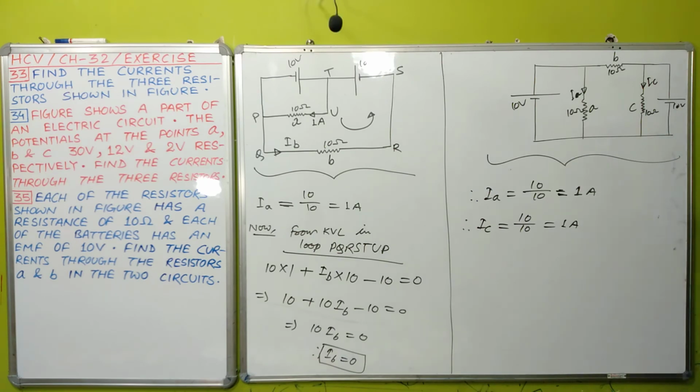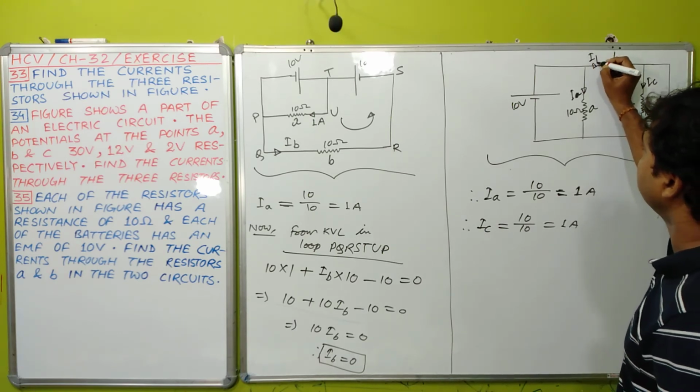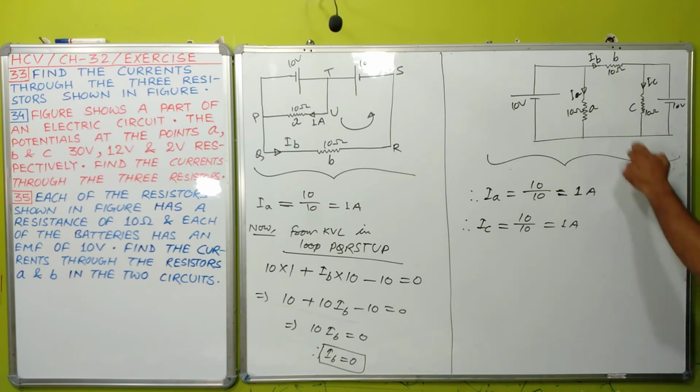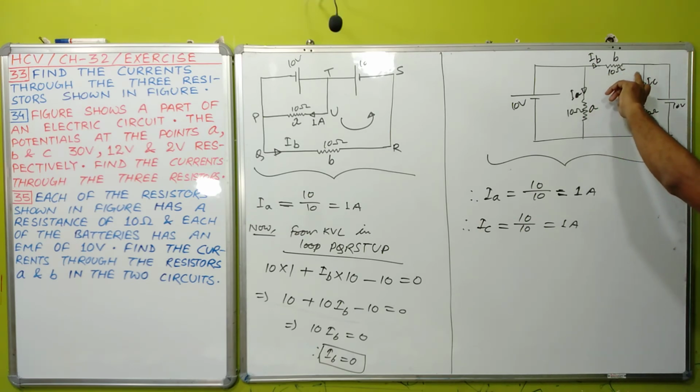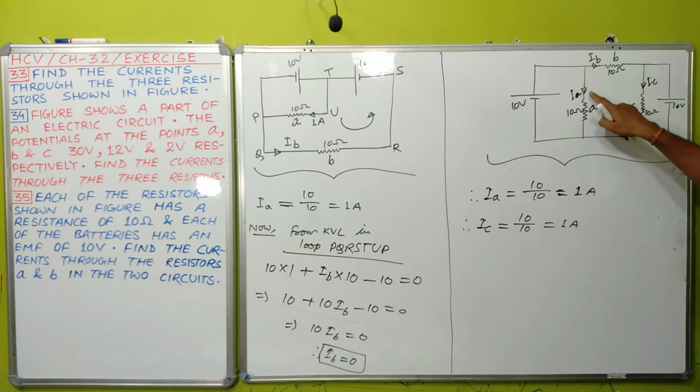Now student, we know the current flowing through this resistance and this resistance, and we have to also find the value of current through resistance B. Let this be IB. So again, what will we do? Better to apply KVL again in this loop. We know all the values, IA, IC, and the value of resistance.